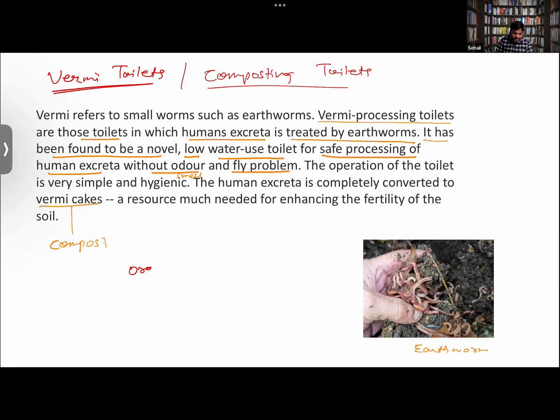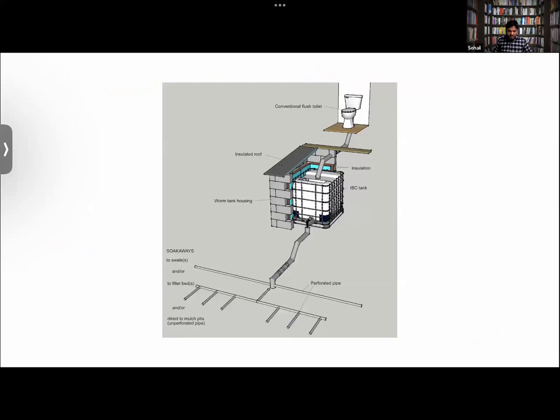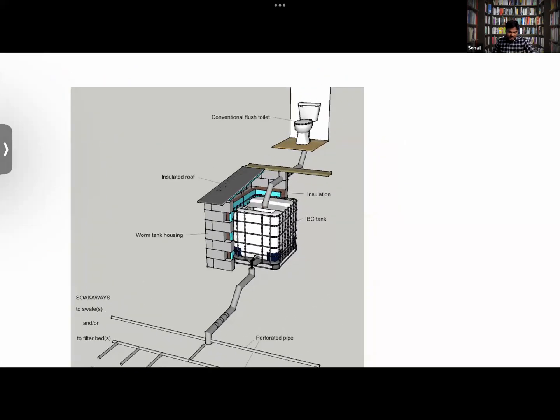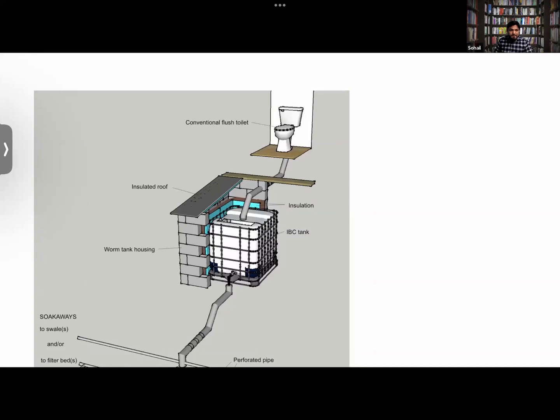All right. And it is a resource which is needed to enrich the nutrients in the soil, because human waste is a rich source of different types of minerals for the soil. So see here, have a look at this one. That is the wormy toilet.